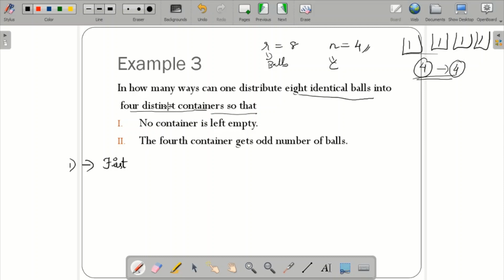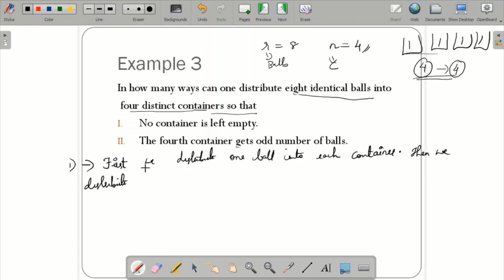So first we distribute one ball into each container, then we distribute the remaining 4 balls into four containers.